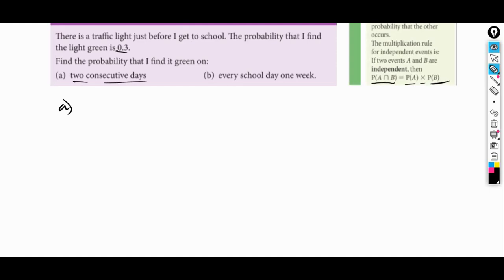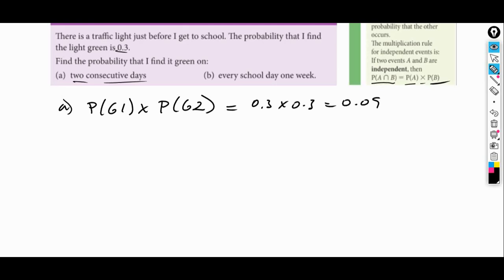So for letter A, finding it green 2 consecutive days is the same as saying the probability that we find it green on day 1 times the probability that we find it green on day 2. So this is going to be 0.3 times 0.3, and this is 0.09.